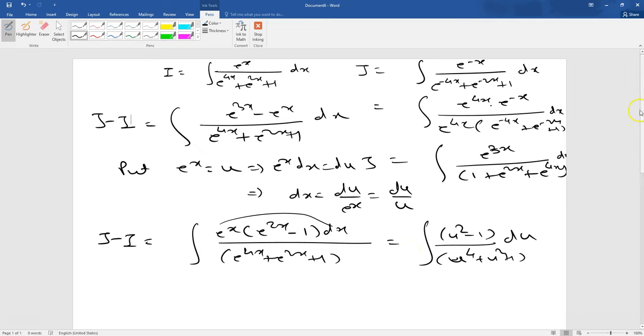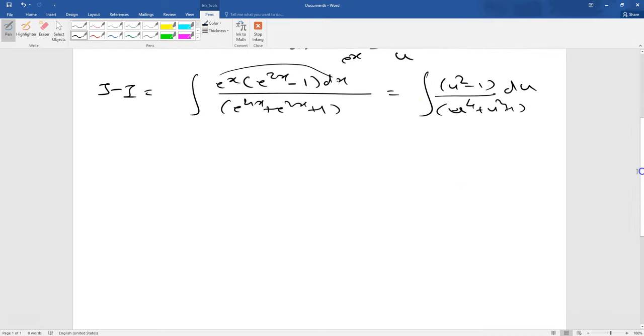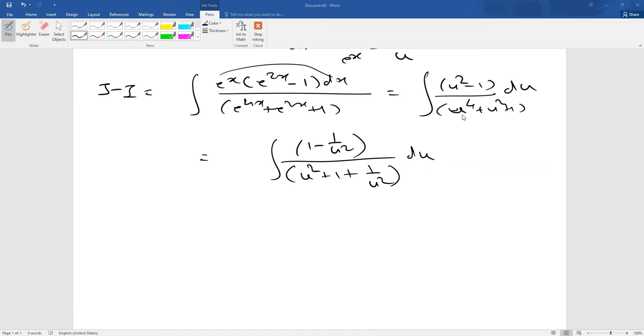Now what to do? Take out the u square common, right? Take out the u square common or divide numerator and denominator by u square. When you divide numerator and denominator by u square, this will be 1 upon u square, and this is going to be u square plus 1 plus 1 upon u square du. What next exactly, right?